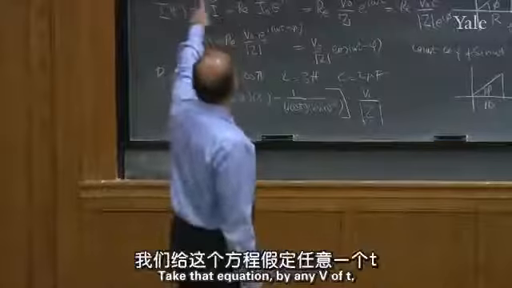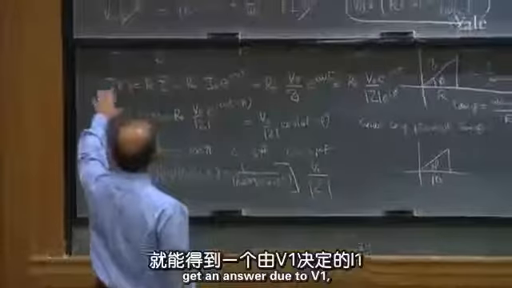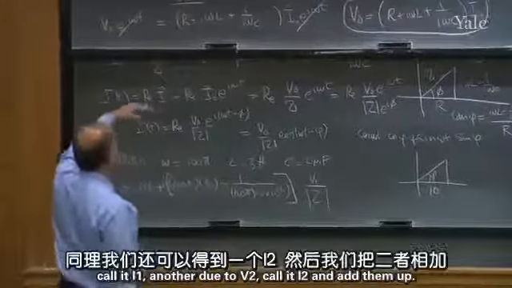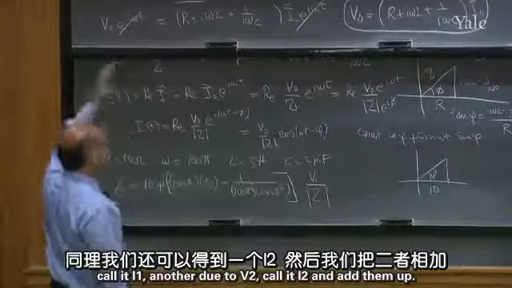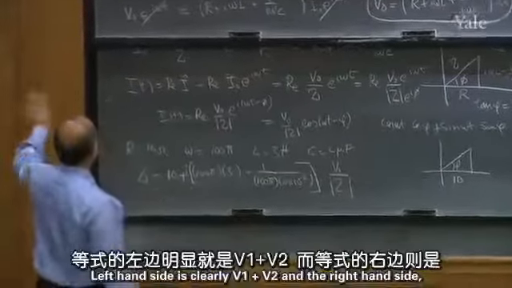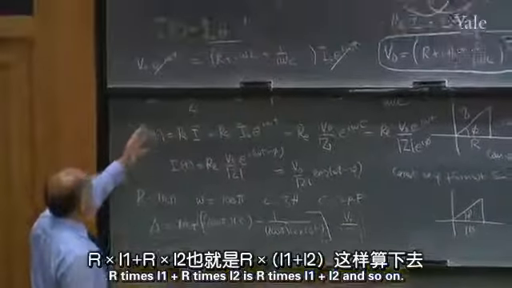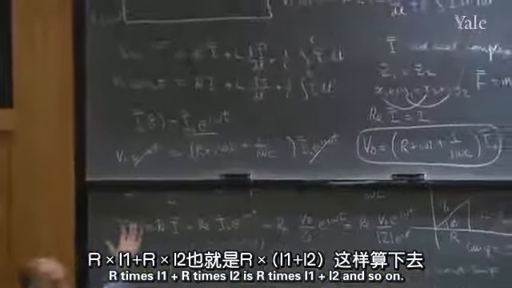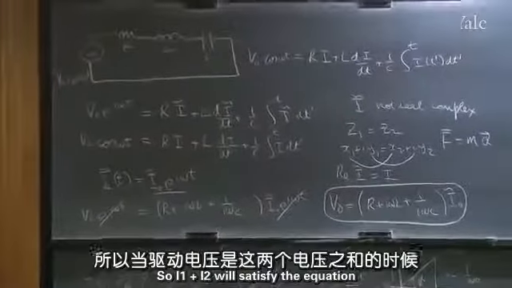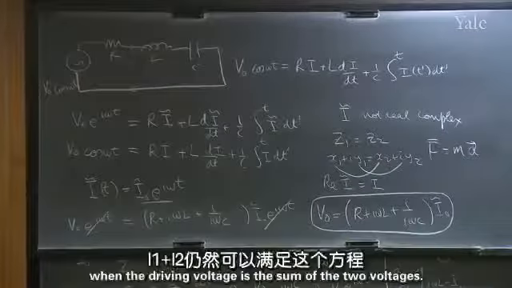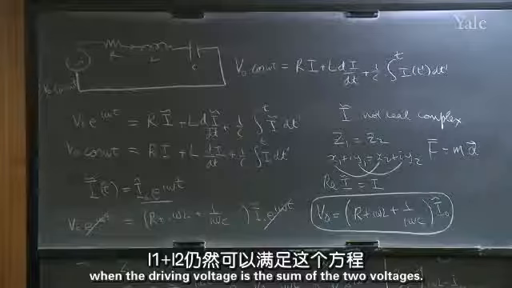Take that equation for any V of t, get an answer due to V1, call it I1, another due to V2, call it I2, and add them up. Left-hand side is clearly V1 plus V2. On the right-hand side, R times I1 plus R times I2 is R times I1 plus I2, and so on. So I1 plus I2 will satisfy the equation when the driving voltage is the sum of the two voltages.